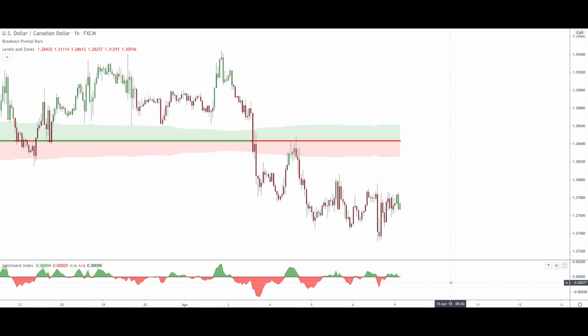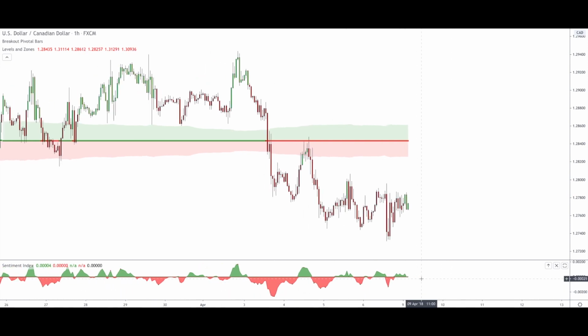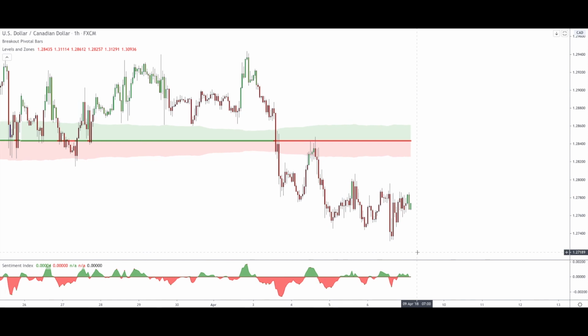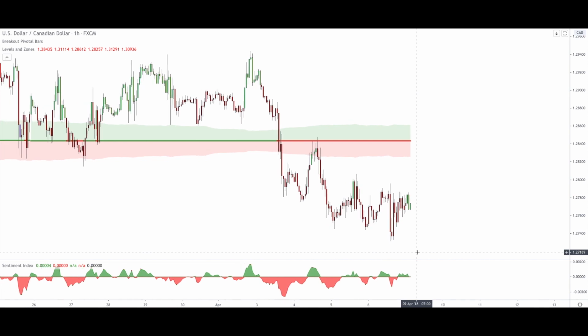But this is actually a good indication, because as I'm about to explain, we probably are going to get another setup right here in this area in the coming candles.